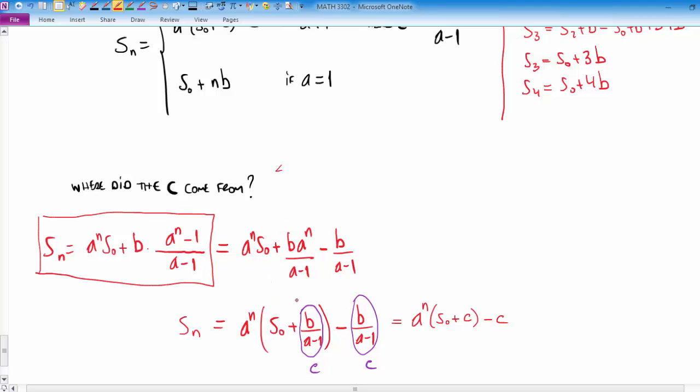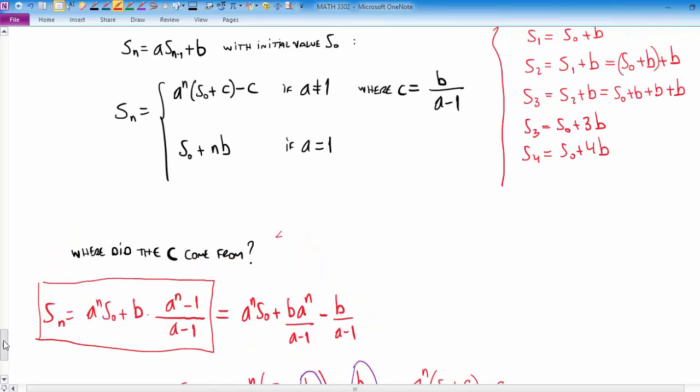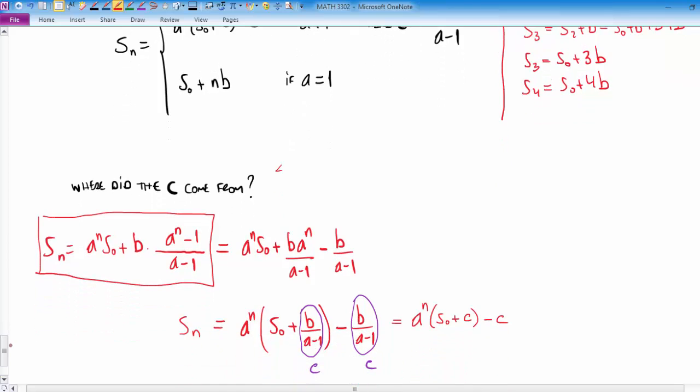And when you do that, you will see the same expression repeated inside the parentheses and outside the parentheses. And the book calls that C. That gives us a nice formula, a to the n, and then in parentheses S naught plus C, and outside minus C. Either way is correct. It's just a different way of writing the same formula.